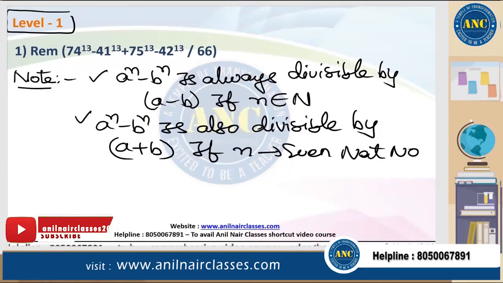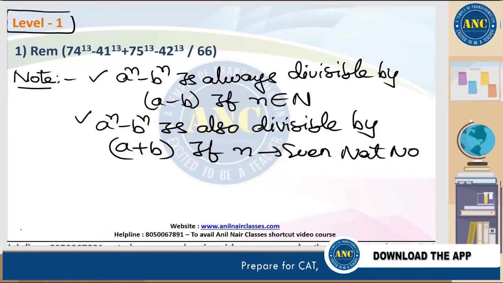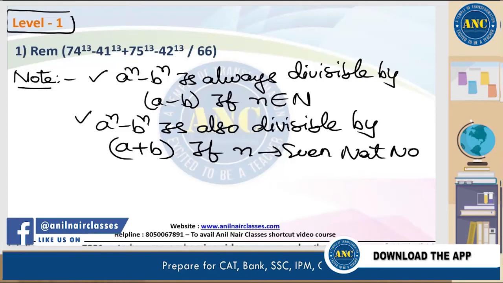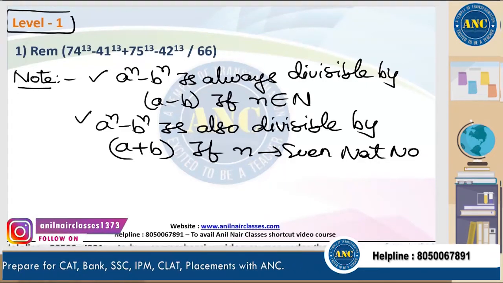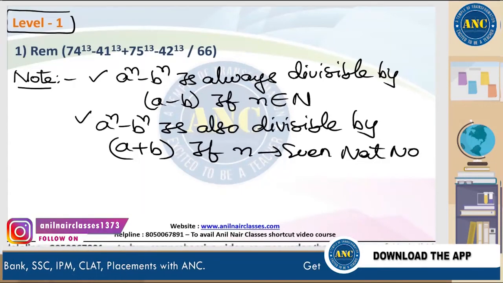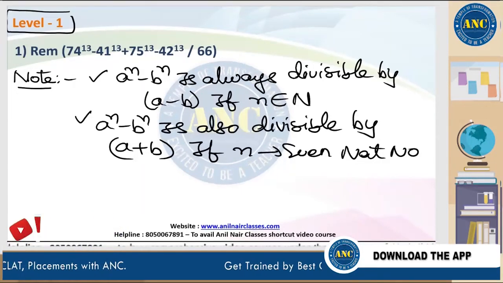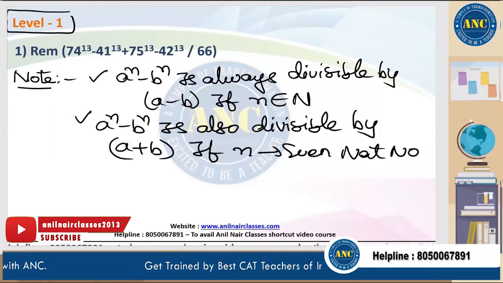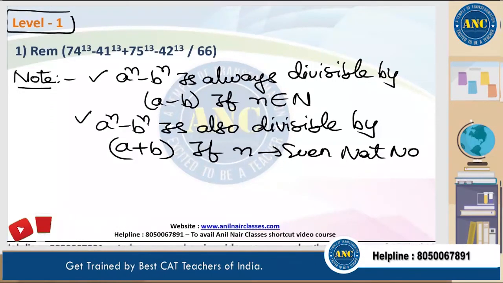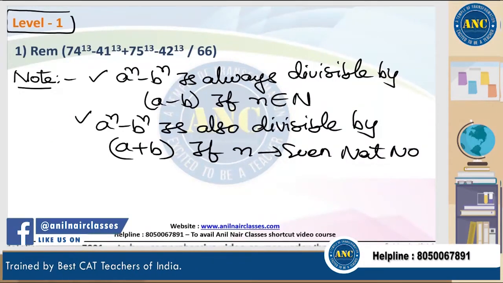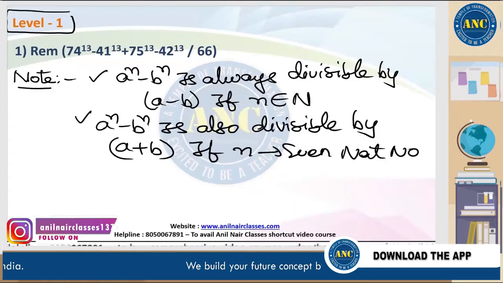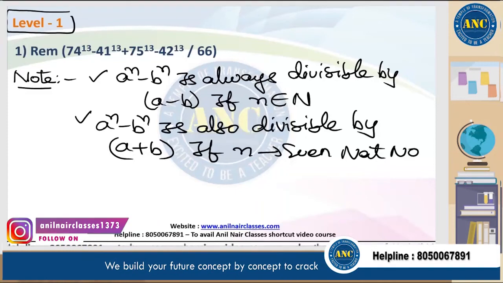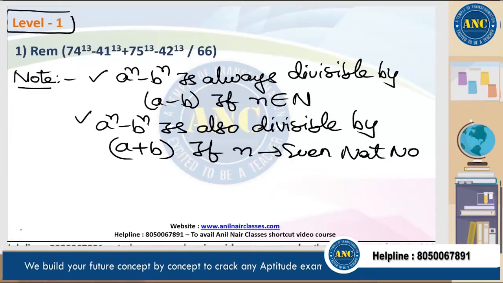That is the reason I said n could be an even number or an odd number, a power n minus b power n is always divisible by a minus b. But if n is an even number, for example a square minus b square is divisible by a minus b and a plus b. Look at the powers in the question. You will come to know whether it is only divisible by a minus b or by a minus b and a plus b.